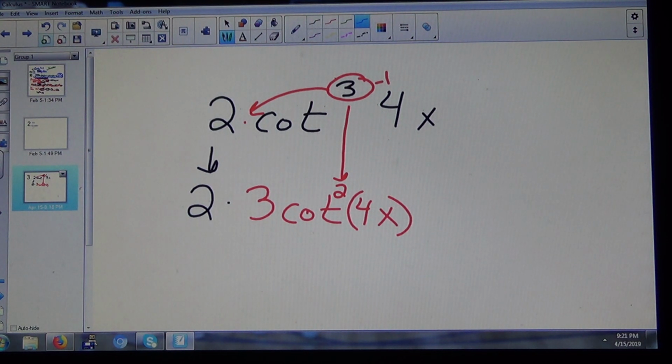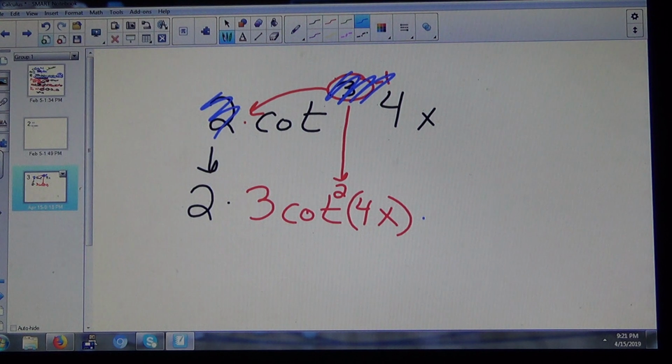So I do the derivative of the 3 first on the outside. Since it's the chain rule, the 2 would be done, so I'm not doing anything with that, because that just comes down. The 3 comes out in front, and then you subtract 1 for the exponent. Times, what have we not done the derivative of?